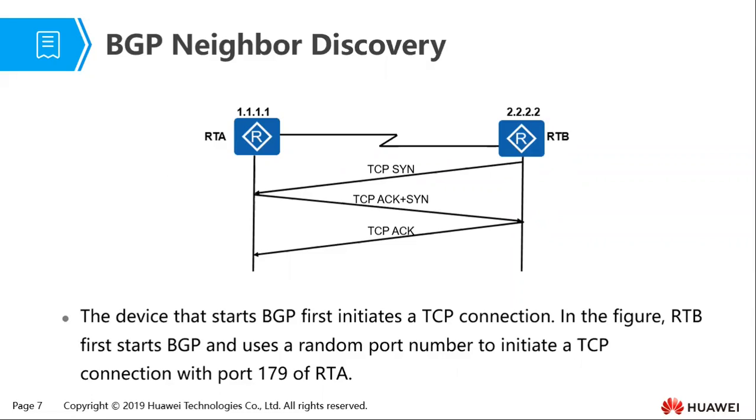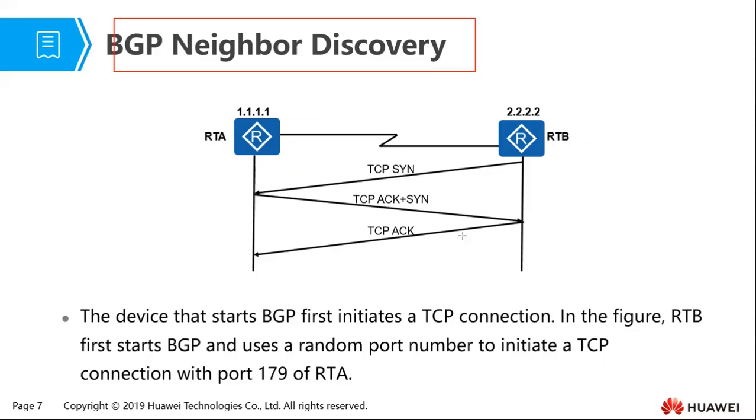So let's see how the neighbor relationship is established in BGP. Now, BGP relies on TCP, and therefore, before the neighbor relationship is established, they have to go through the TCP three-way handshake. Send a SYN, send an ACK plus a SYN, then send an acknowledgement. We already understand how that particular process works.